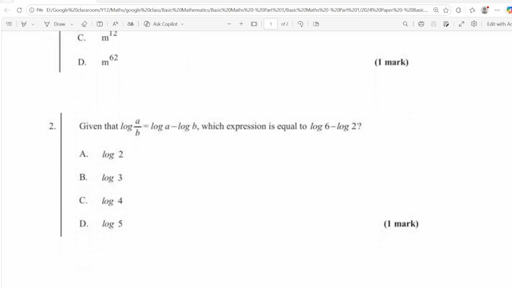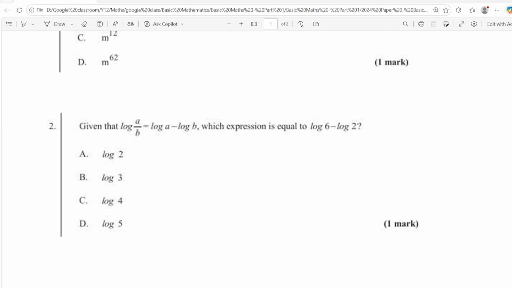Question 2 says, given that log, okay, now we're talking about log. Hang on, I'll just write it down. So question 2: given log A divided by B is equal to log A minus log B, that's the formula given, which expression is equal to log 6 minus log 2.